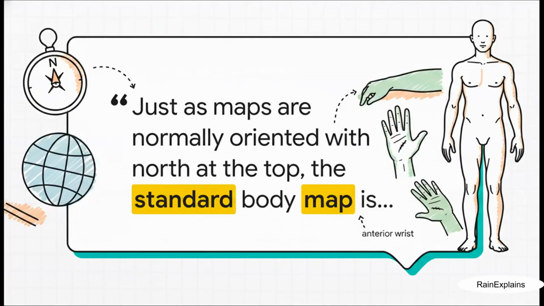Well, in our bodies, the anatomical position guarantees that relative locations literally never change. For instance, because the palms face forward in the anatomical position, the palm side of your wrist is considered the anterior or front side. So if you have a scar right there on your wrist, it remains on the anterior wrist even if you were to rest your hand palm down on a table. The actual body might move around, but the map's orientation never does.